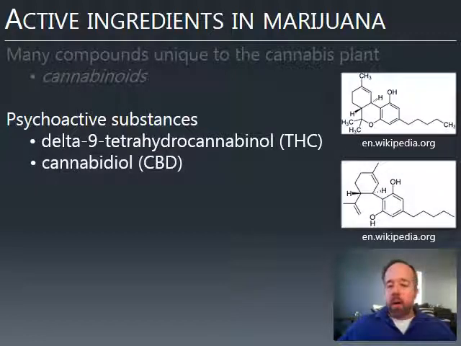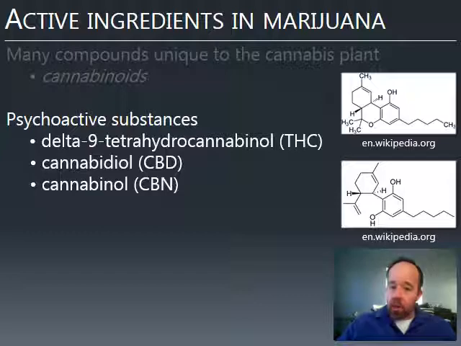There's also a related compound called cannabidiol, which is also found in marijuana, and it's not as psychoactive, but it does have medicinal properties. It does affect the physiology of the body. And so it's recently become the subject of a lot of research because it's thought that some of the medicinal properties of marijuana actually stem from cannabidiol.